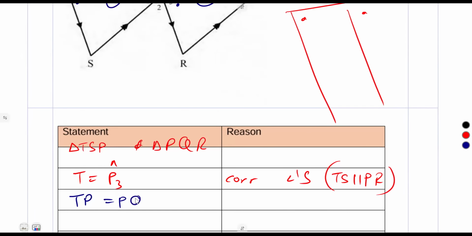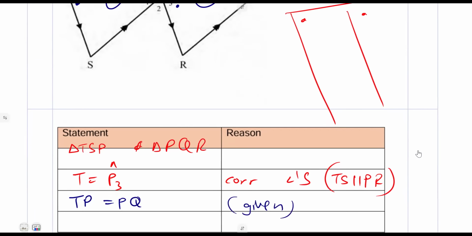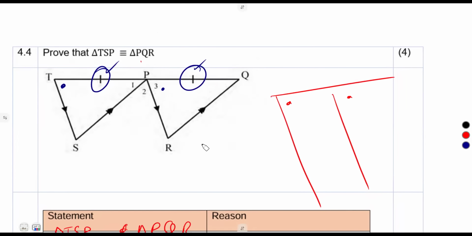That is already given. We cannot say there's a reason, it's just given. From the parallel lines PS and QR, is there anything that we can relate that gives us exactly the same angles if these two lines are parallel?